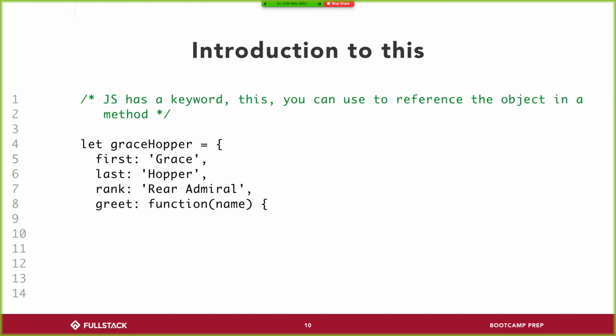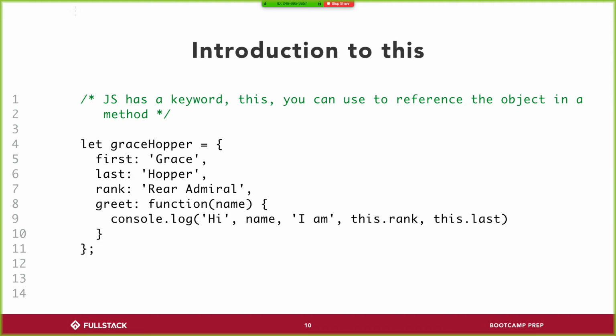And that's, in the simplest case, it's basically an object. And essentially, if we use this, which is a keyword in JavaScript, then it'll take on the value of whatever the surrounding object is based on how it's called.